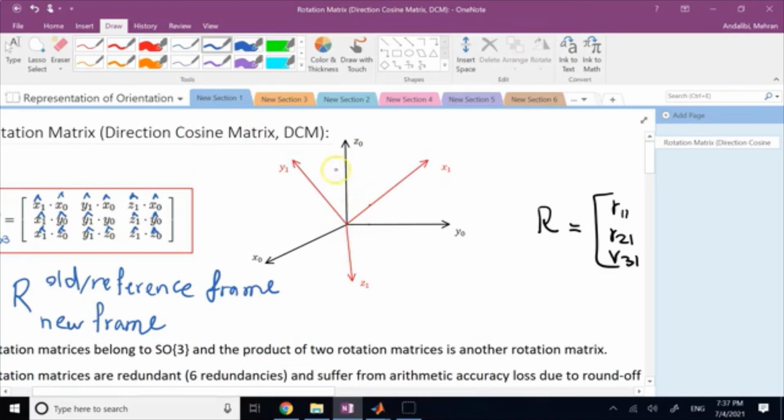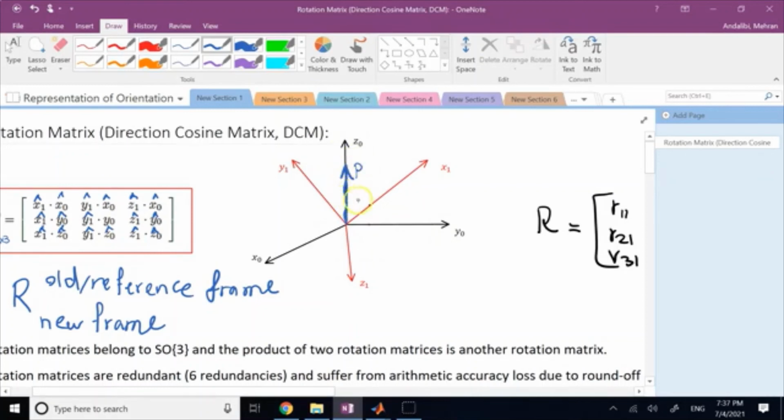And you have a point that is not on any of the old or new axes, so something like this. Or forget it, even something like that. If I have even this unit vector, right? And I know P in the frame 0, and I ask you what is P in the frame 1.